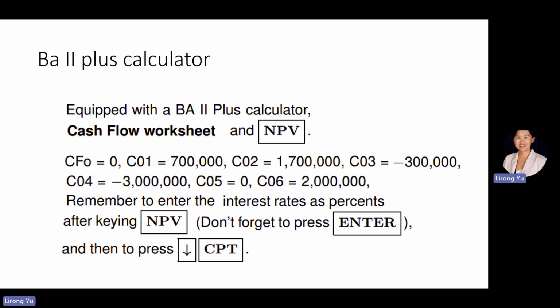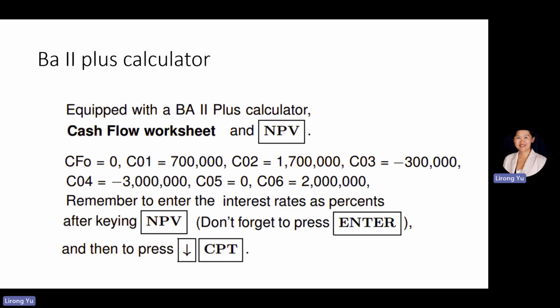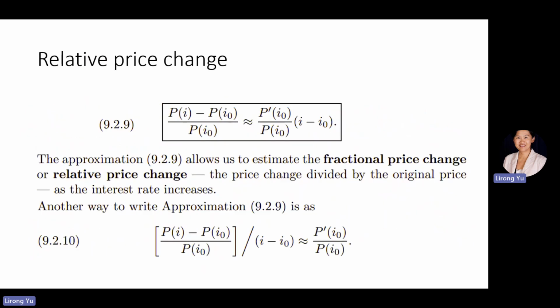They're all equal amounts of time in between these cash flows. You cannot skip. And that allows you to calculate the present value. So this is how to use the BA II Plus calculator to do the same calculation that we just mentioned here.